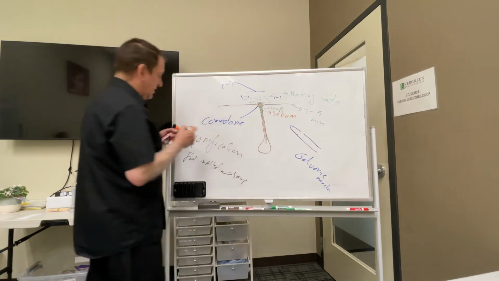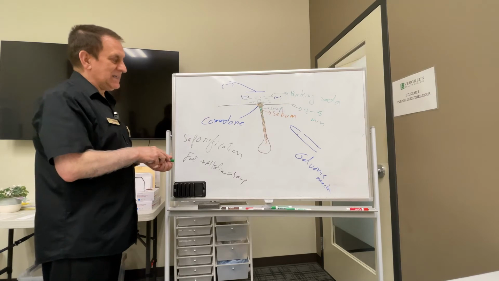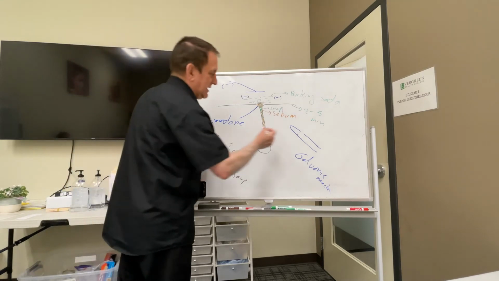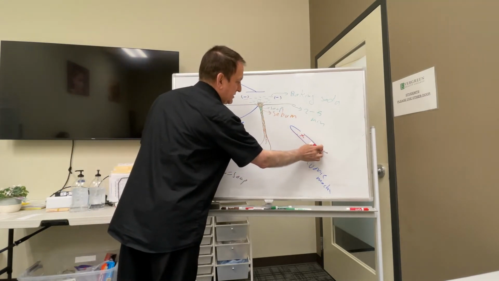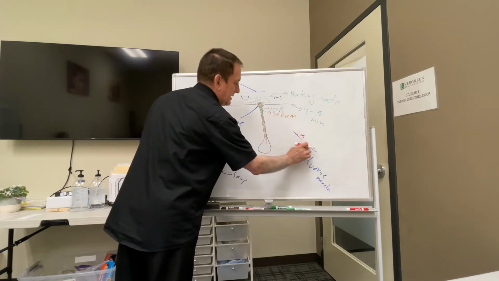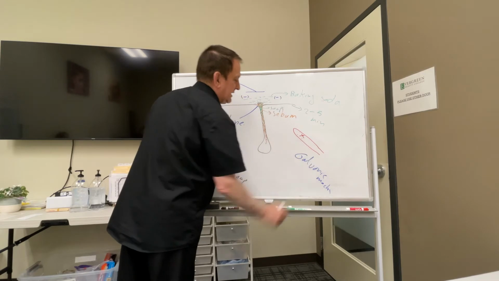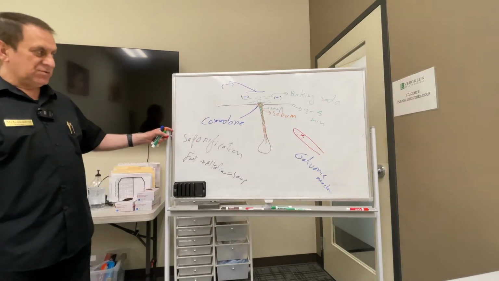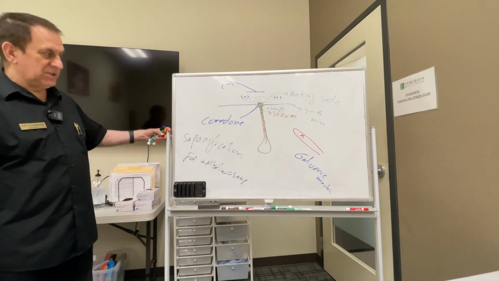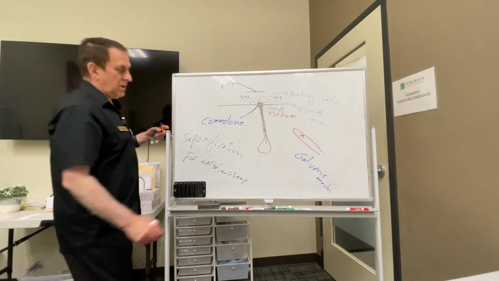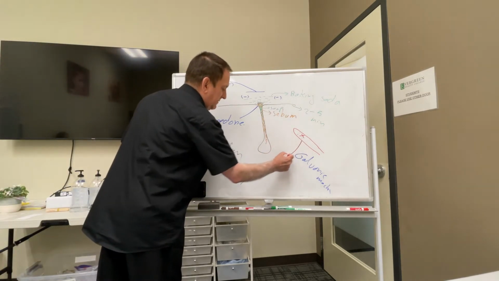So the body of the client now has the positive electrode, yes? This is the positive electrode. Let me change this color to red, which is positive. The body of the client is the positive electrode. So what I call it is anaphoresis.